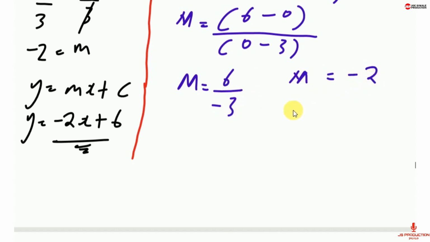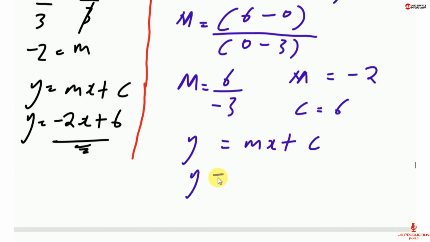And since we know that our y-intercept is 6, given in the question, we can say y is equal to mx plus c.